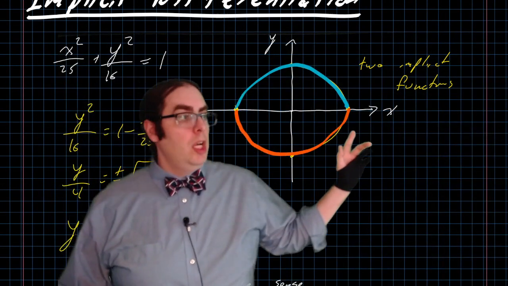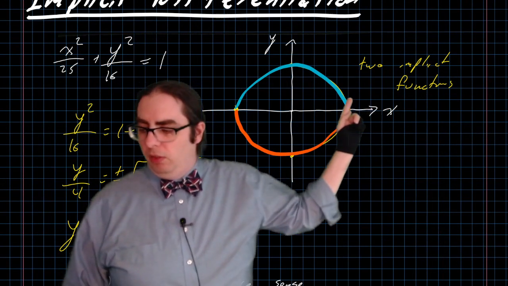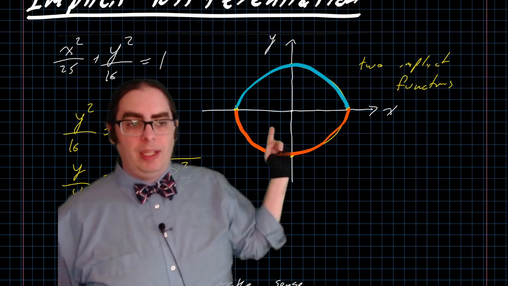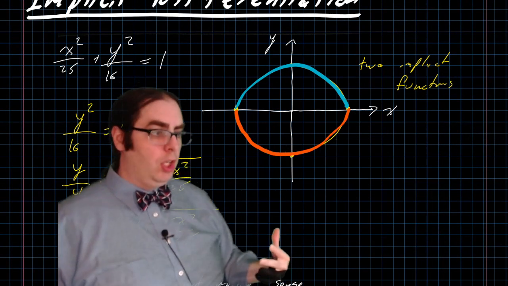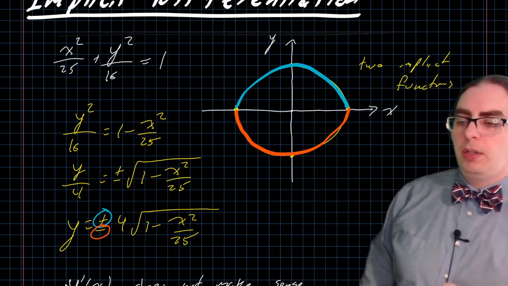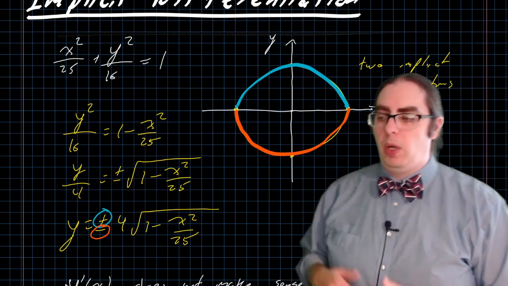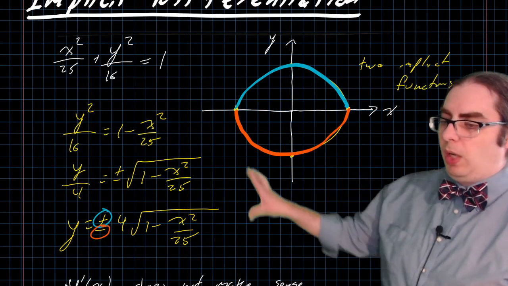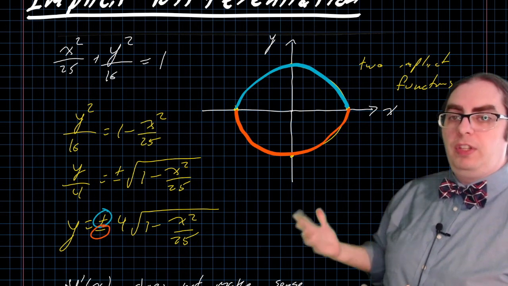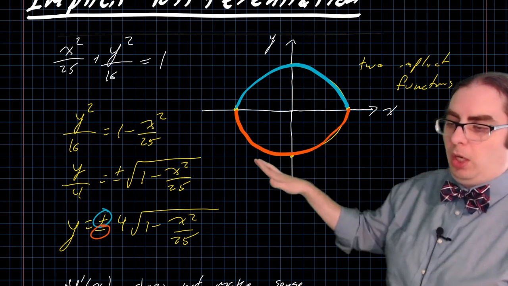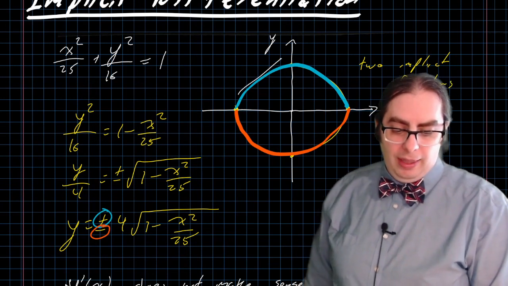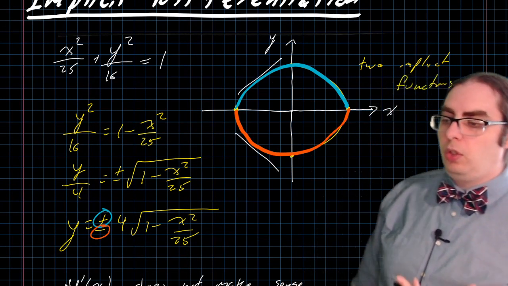Right? We know that when y is positive, I can't see what I'm doing and gesture at the same time, and when y is negative, we get two different parts of the curve. So I need to know whether I'm dealing with the part of the curve that's talking about a positive y or the part that's talking about a negative y, in addition to knowing the x coordinate, in order to figure out which part of the curve I'm on, to figure out whether I'm looking for a tangent line that's going to look like that, or a tangent line that's going to look like that.